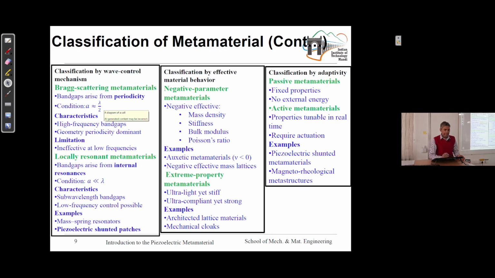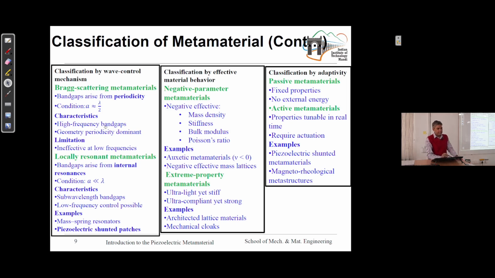The Bragg scattering phenomenon happens when a is equal to half of the wavelength, the wavelength of the sound wave, the vibration wave, and so on. That is, a equals lambda by 2. So this can be done only for high frequency band gaps; waves with high frequency can be stopped.